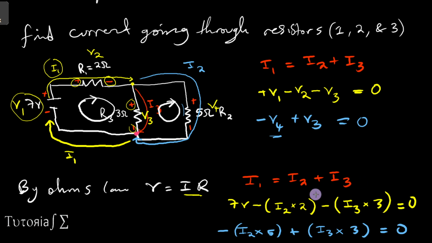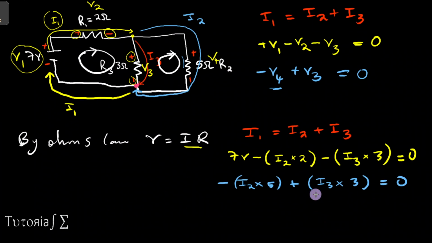Okay, then now here, that is the big part. For these voltages, you just use Ohm's law. For voltage 1, we had the voltage, so there is no need for Ohm's law here. So for voltage 1, we just put 7 volts.